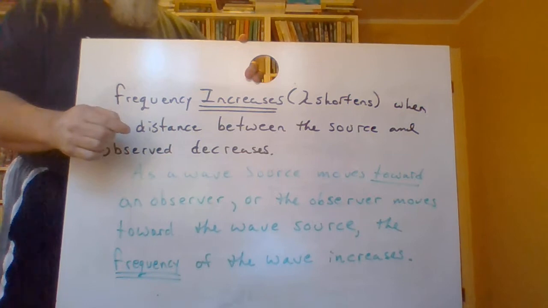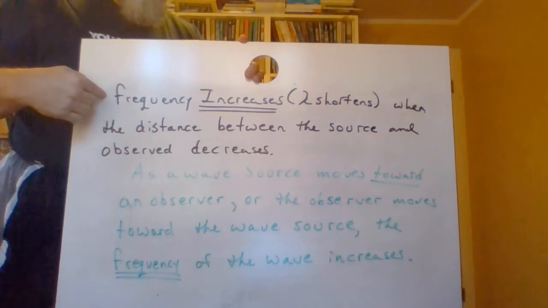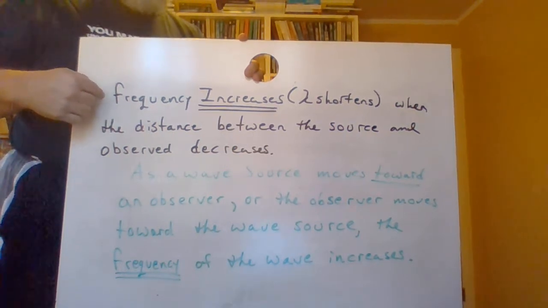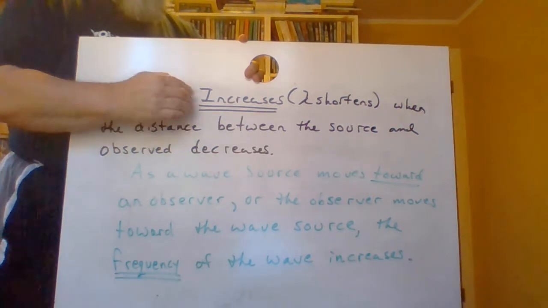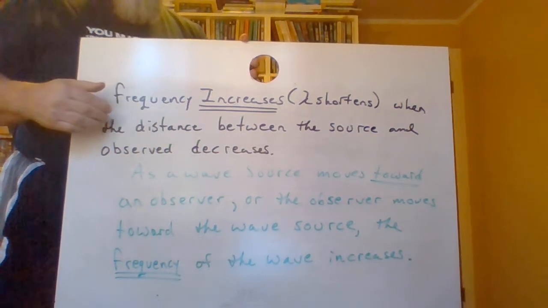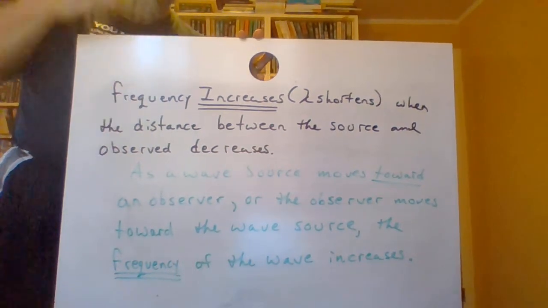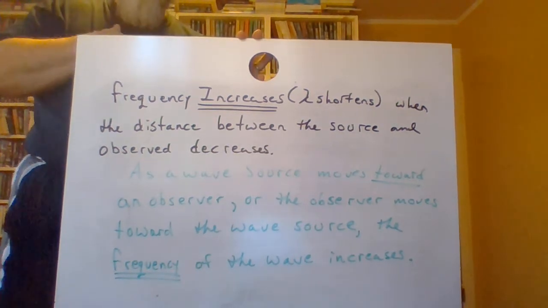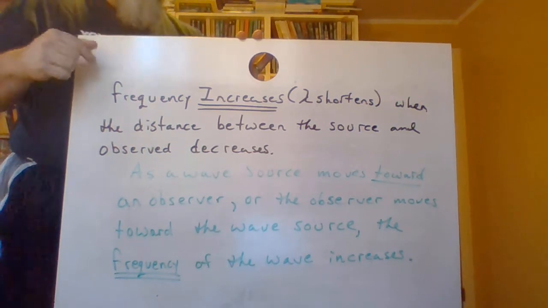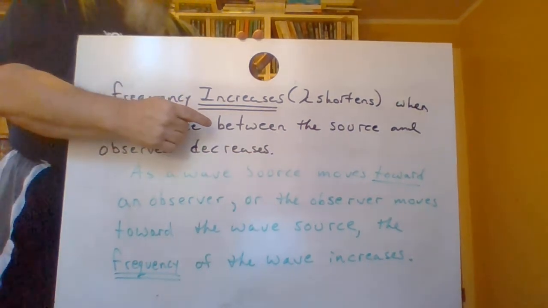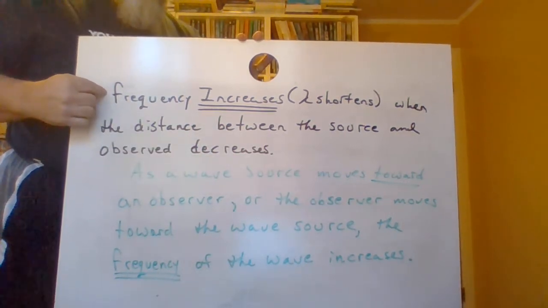If the wave source is moving toward the observer, we're going to hear a pitch increase if it's sound. If it's light, we're going to see a frequency increase, a shift toward the blue frequencies of light, if the wave source is moving toward us. If we, the observer, the person making the observation about the sound or light or water wave, are moving toward the wave source, we will notice a frequency increase.